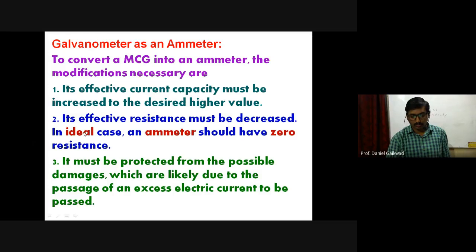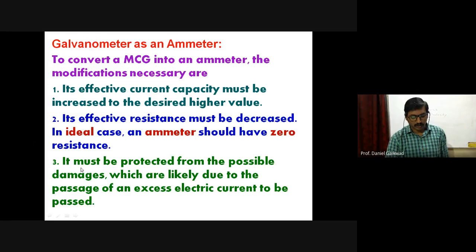So in multiple choice questions, a small question will be asked: in the ideal case, an ammeter should have, fill in the blank, resistance. So we have options like zero, infinite, large, small. For the ideal case we have zero.